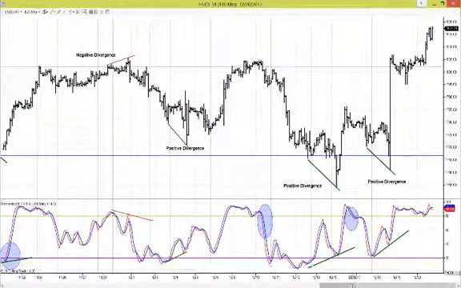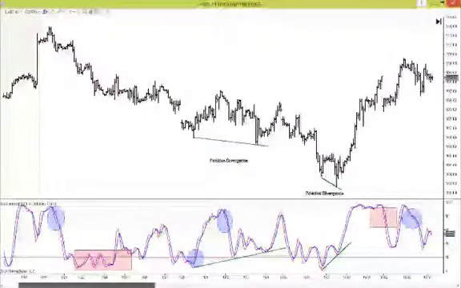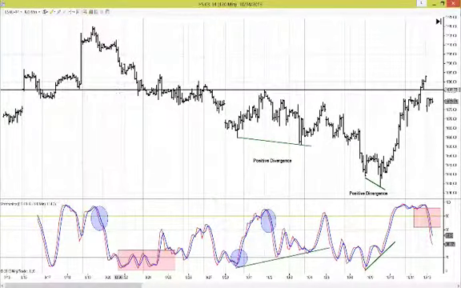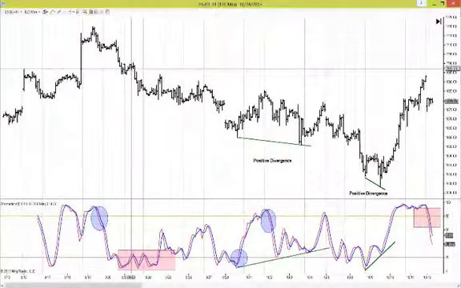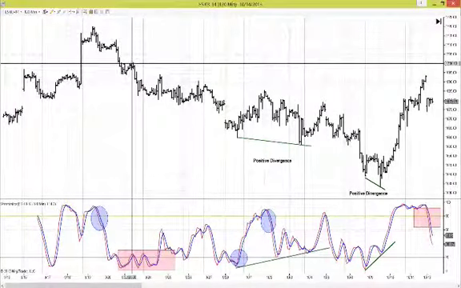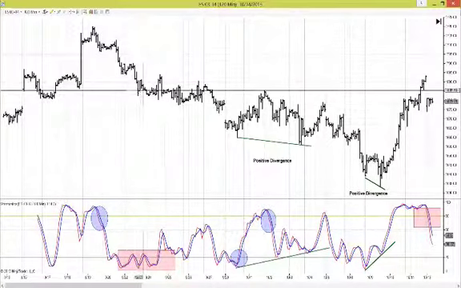Now I also marked for you some of those signals that actually failed. For instance, this one, both lines climbed up above the 20 area, and look what happened. Yes, it went up a little bit. By the time that both lines were up, we were almost at the top, and it fell. So that wasn't a good signal.